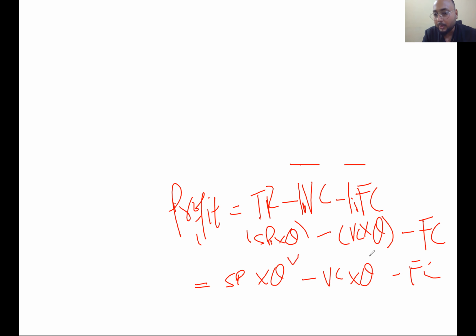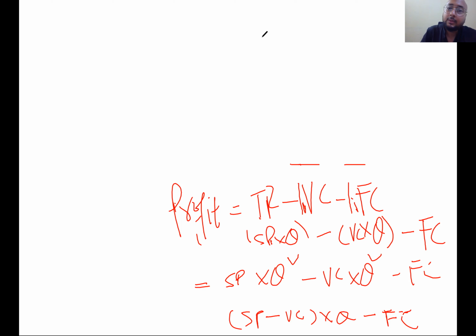Quantity and quantity are common here, so we take quantity out. Answer is sale price minus variable cost, multiplied by quantity, minus fixed cost, right?